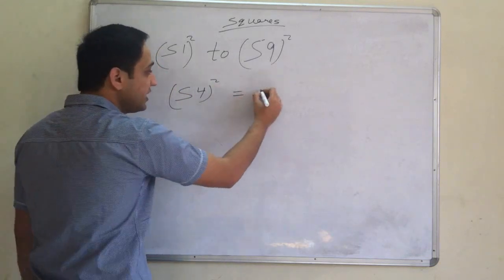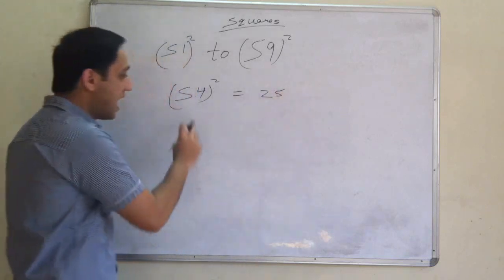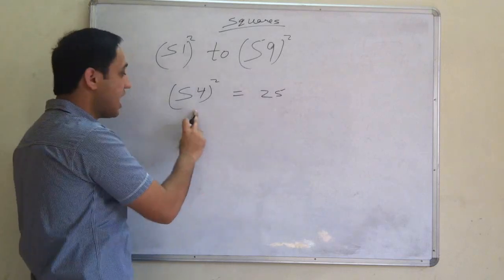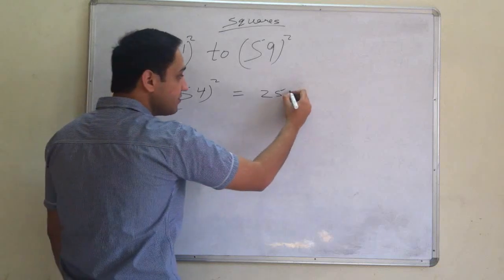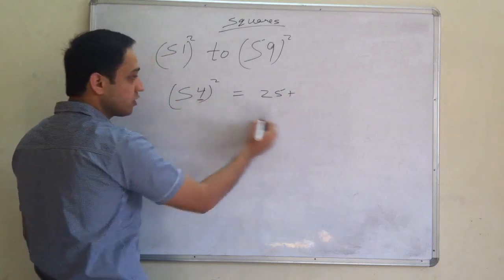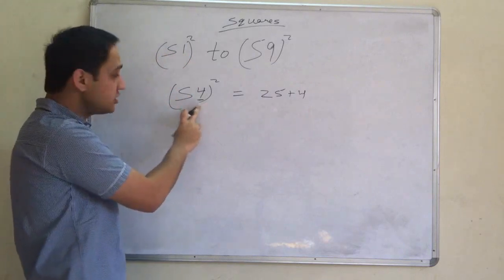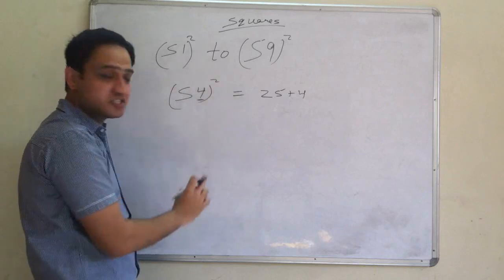So I'll take 25 as a base. Why 25? Because half of 50 is 25. So in 25 I'll add 4, which is the unit digit. This is the unit digit, this is the 10th place digit, and so on, as we'll see with bigger numbers.